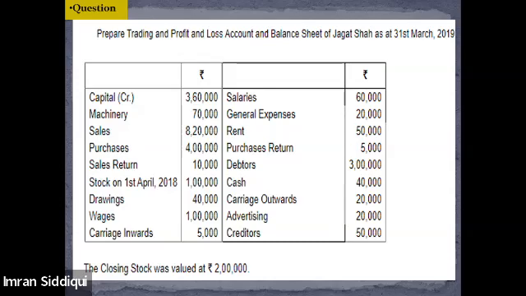Sir, I got the net profit. Ritika, tell me the net profit you got. Sir, I got 2,40,000. Yes, 2,40,000 is the right answer.